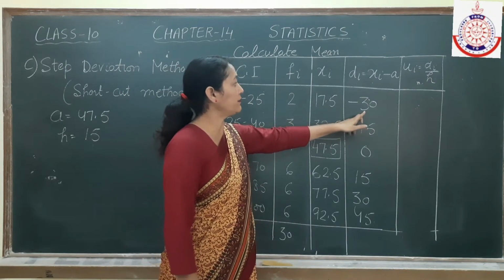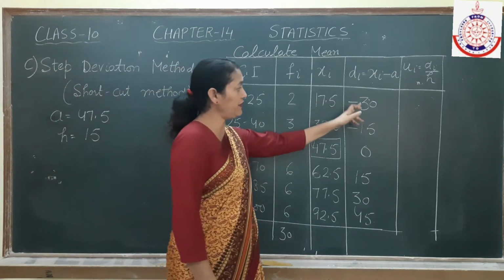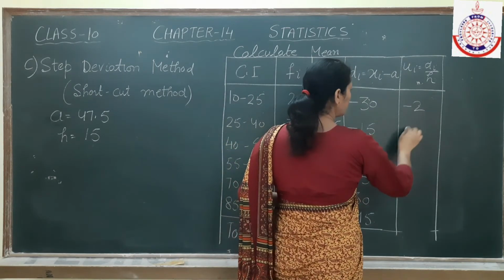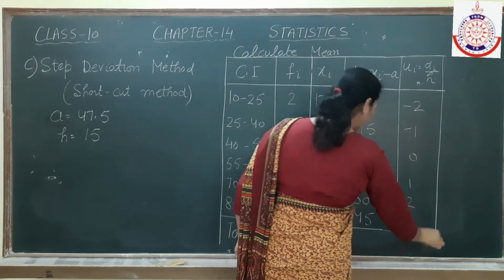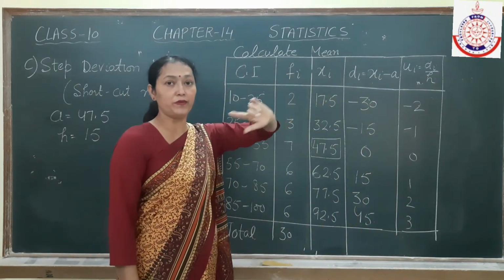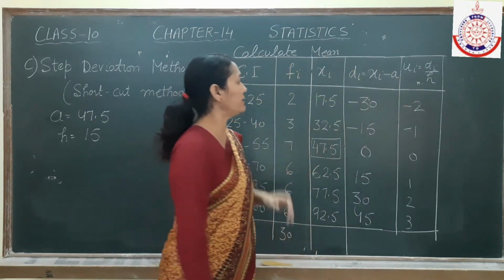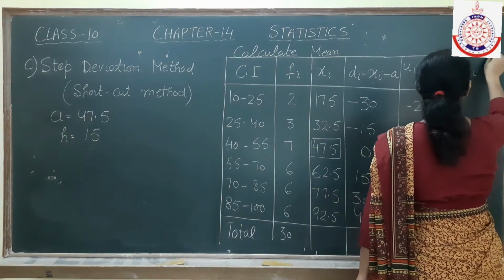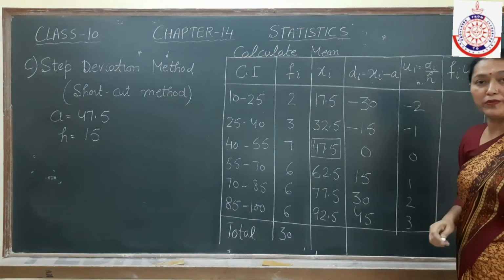Minus 30 divided by 15, the class width is 15. That means every value of di is to be divided by 15. So we'll have minus 2, minus 1, 0, 1, 2, 3. Now as we multiplied Fi di in the assuming method, now we are multiplying Fi and ui, and we'll see that the calculations will be much easier than the assuming method.